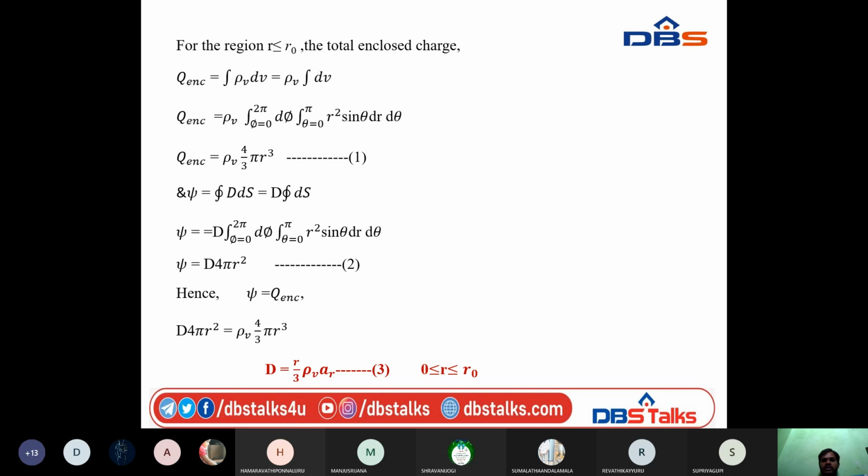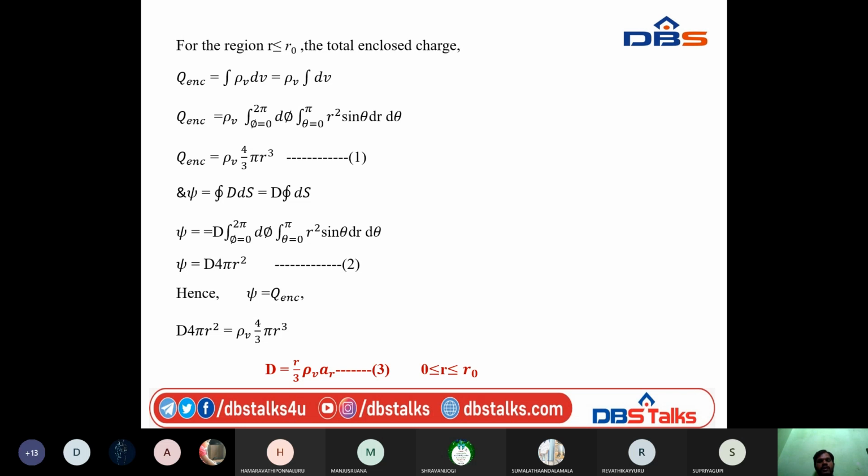When we do the integration, we get Q enclosed equals rho v into 4 by 3 into pi r cube.